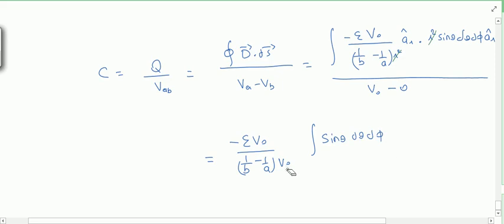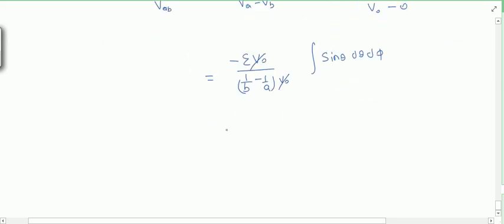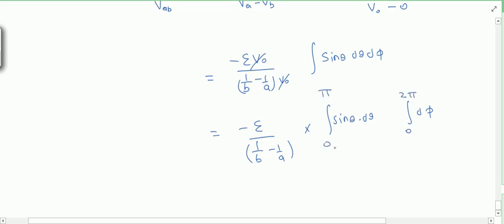So here you can see that V naught and V naught will get cancelled. So the remaining thing is minus epsilon 1 by B minus 1 by A, and after integrating this sine theta d theta d phi, the value of phi will be 0 to 2 pi, value of theta will be 0 to pi.